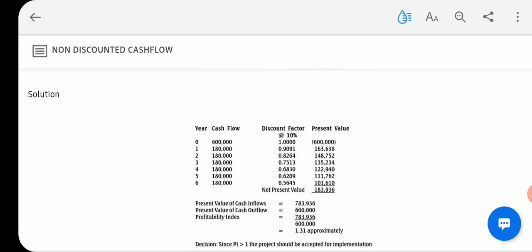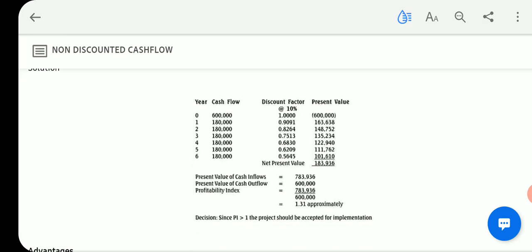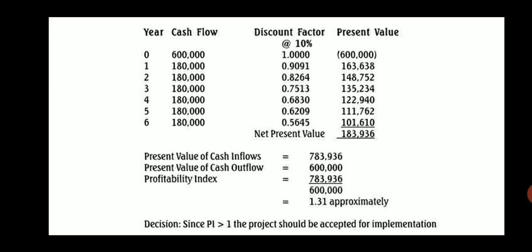It's basically similar to what we did before, just with little changes. You simply calculate your NPV, the same thing we calculated before: our year, our cash flow, our discount factor, and our present value. At year 0, your discount factor still remains 1. I told you at year 0 our discount factor is always 1. Then at year 1, remember they told you your inflow is 180,000 for 6 years.